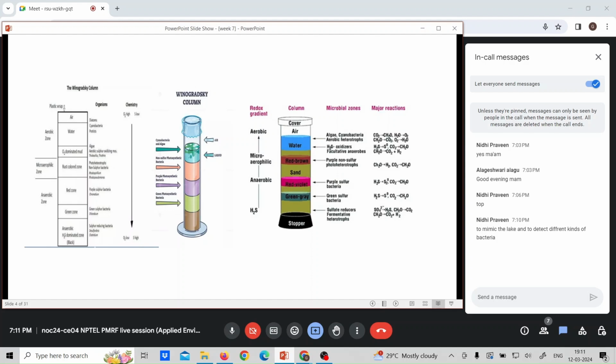A large diversity of microorganisms can be cultured in a Vinogradsky column. The basic principle is that, as Nidhi Praveen has told, you have to mimic the lake.